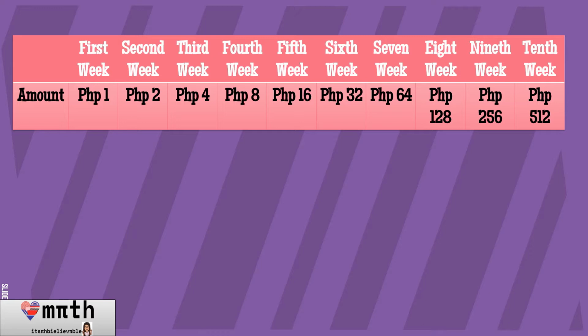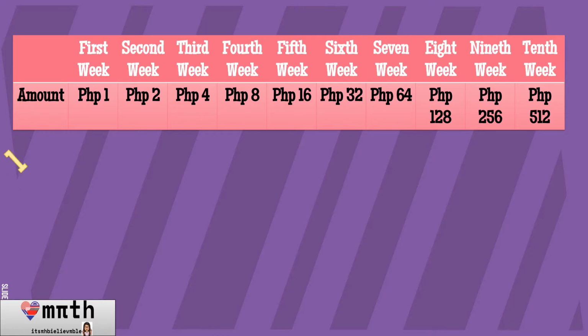Now, the question in the problem is, how are we going to find the total amount that Joey saved in the bamboo bank after the 10th week? In order for us to know the total amount, we just need to add all the amounts that are put in the bamboo bank each week.